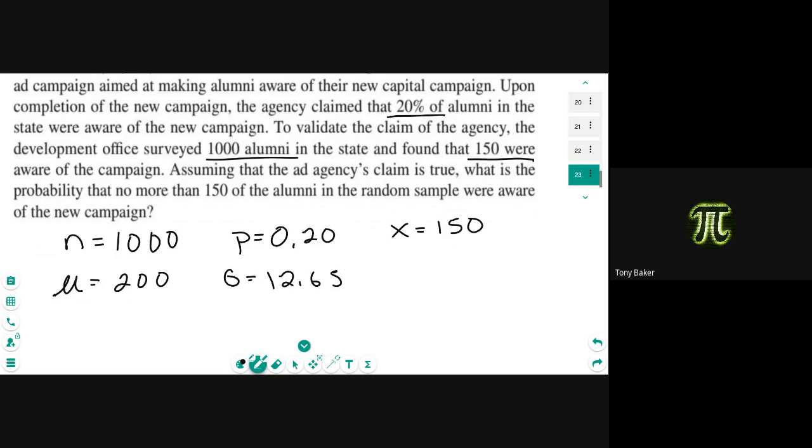If you didn't get 12.65, my guess is parentheses. Because my guess is you did the square root of 1,000 first, then times 0.2 times 0.8, which would probably come out to be around 16. Depending on your calculator, put parentheses around the 1,000 times 0.2 times 0.8, and you'll get the right answer. So 12.65.